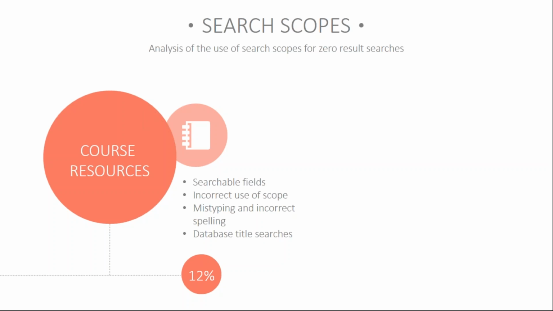The edition field for a book wasn't searchable either, but both of these things were problems that I was able to solve fairly easily. Once again, spelling was a bit of a problem, as were database title searches, but this time they were looking in our course resources tab for databases.